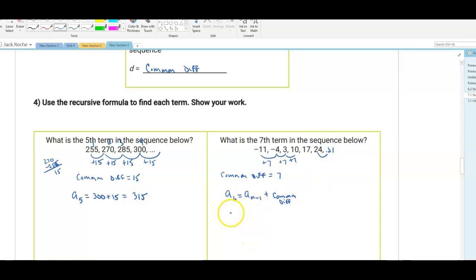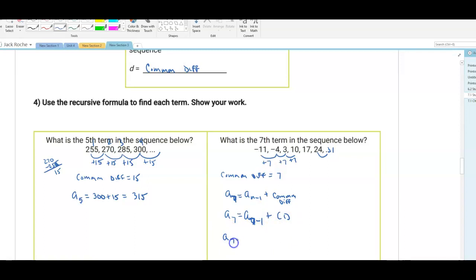If I'm looking for the seventh term, I'm going to do a sub 7 equals, if n is 7, a sub 7 minus 1 plus my common difference.